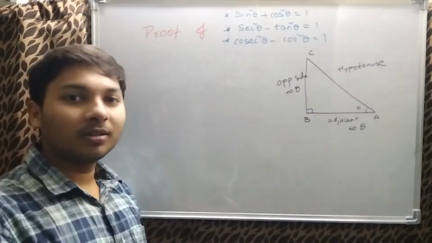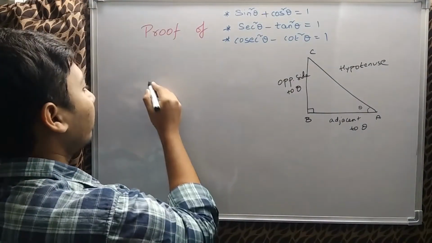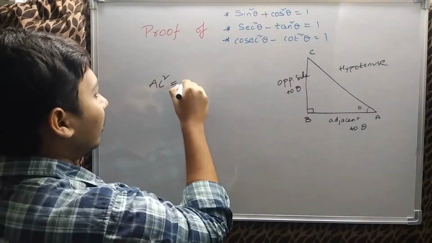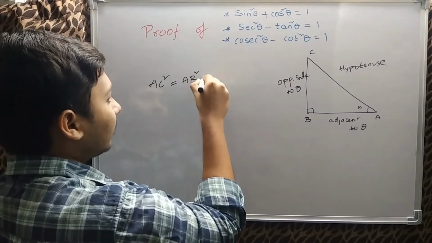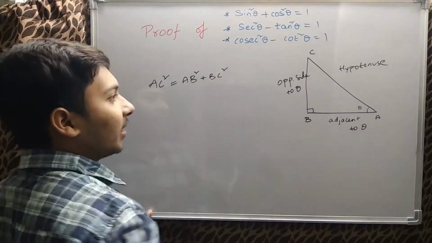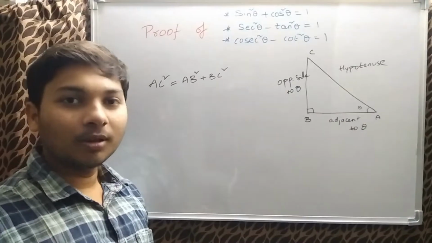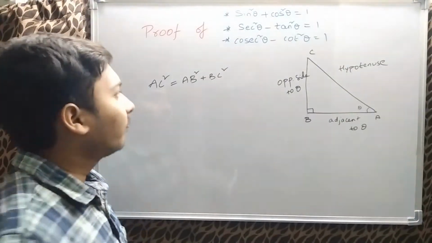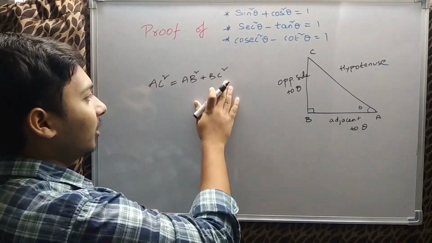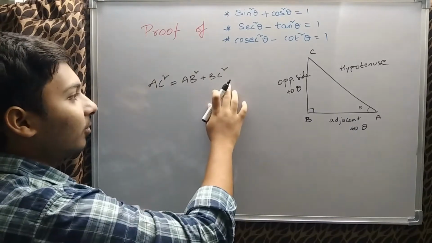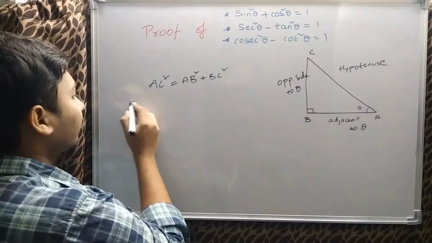So by applying Pythagoras theorem to this right angle triangle, AC square is equal to AB square plus BC square, which is Pythagoras theorem. Hypotenuse square is equal to sum of squares of other two sides. Divide this equation by AC square.